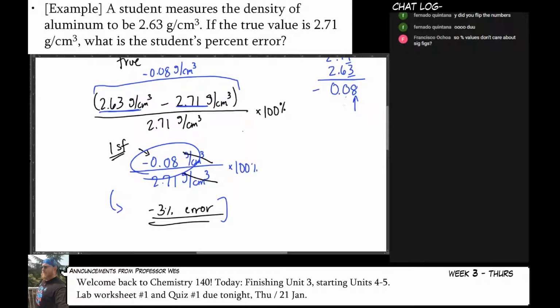If I had done the subtraction and I had gotten two sig figs, like this is a 1 or something, then my answer would have two sig figs. As you get closer and closer to the true answer, it gets harder and harder to define your error because it's so small. So if our difference in our error is just in the last decimal point, we're not going to be able to identify very many sig figs. We're only going to get one sig fig as a result at the end.